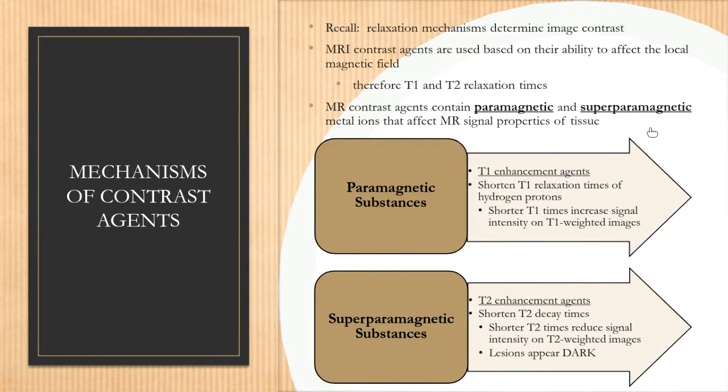And T2 enhancement agents are going to make the lesions appear darker. So we're in essence toning down the contrast, but making it significantly darker than the rest of the tissue. And that also brings out different characteristics of the tissue as well. So these are our two primary categories of MR contrast agents.